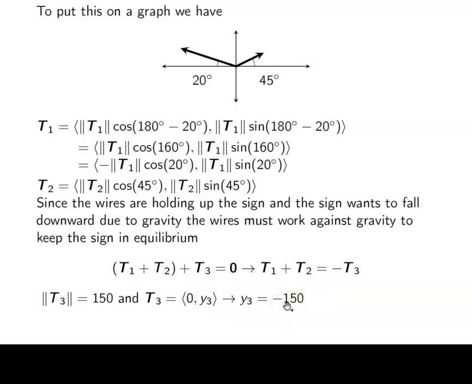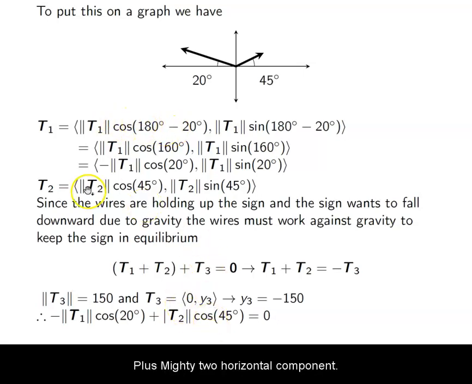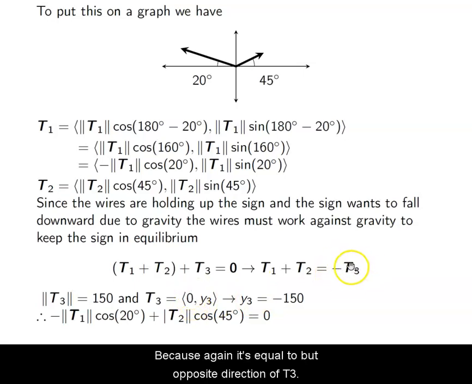Okay, so that's nice because now I have one part of the equation. So I can substitute in my T1, my T2. I know an actual value of T3, so I have an actual equation. So my T1 horizontal component plus my T2 horizontal component has to be 0, right? Because again, it's equal to but opposite direction of T3.